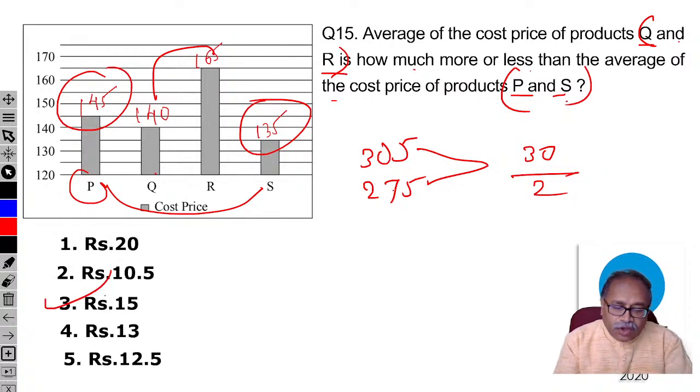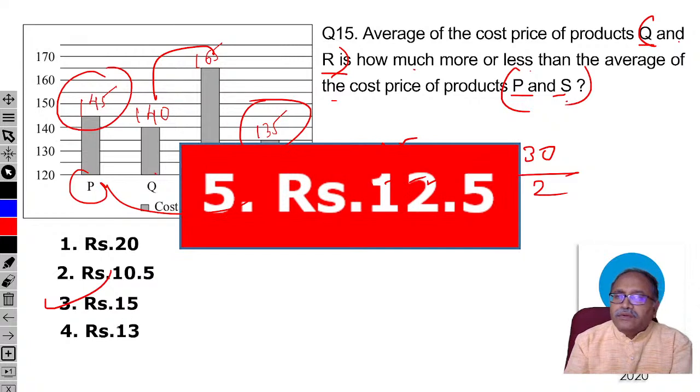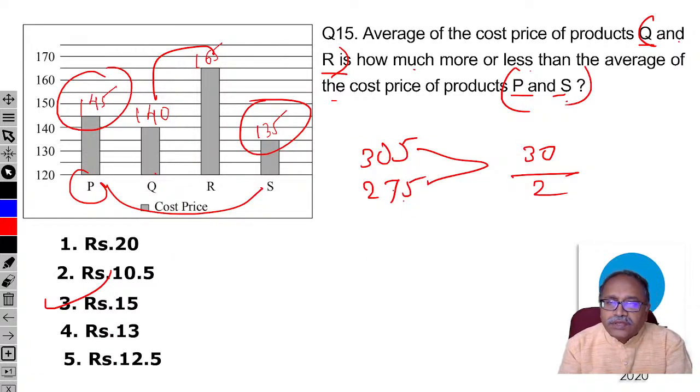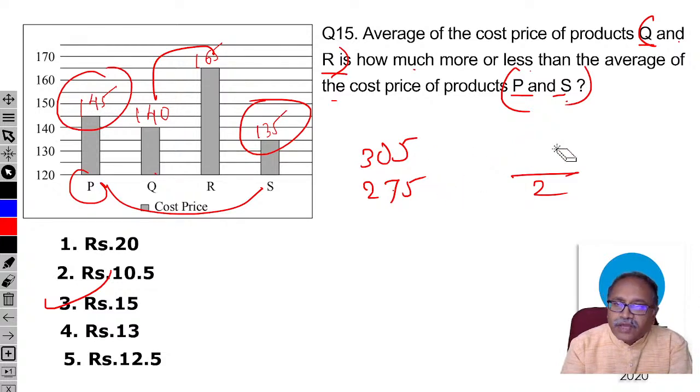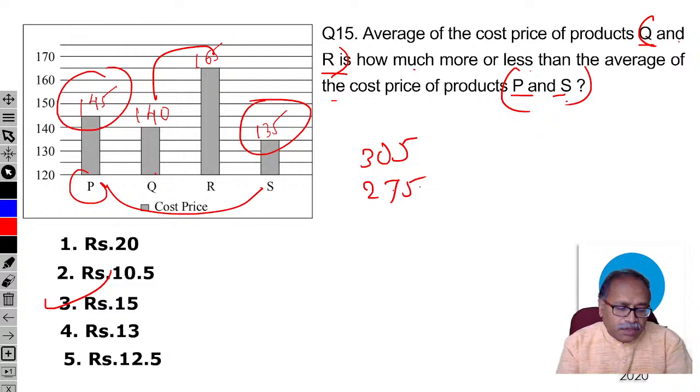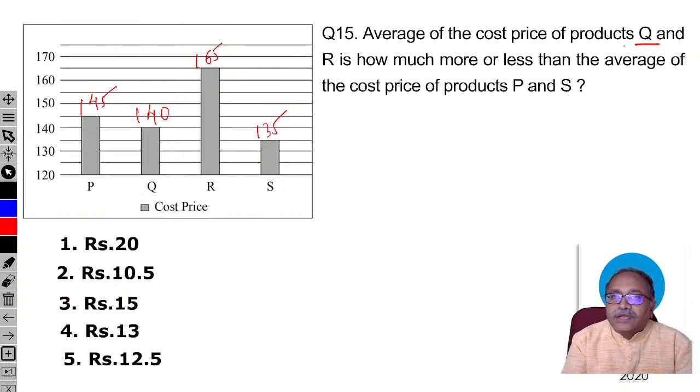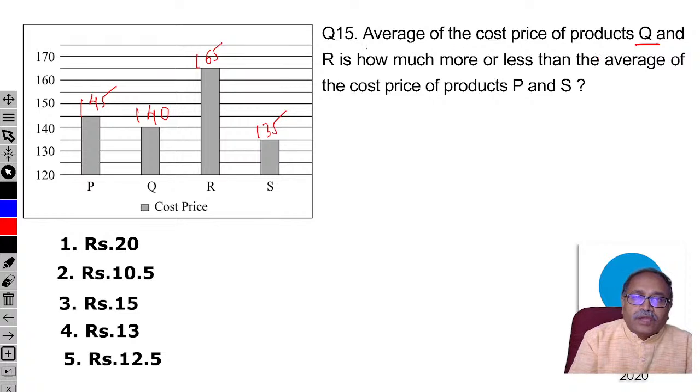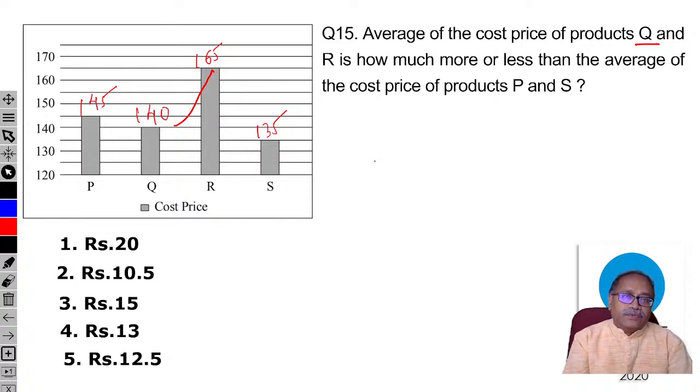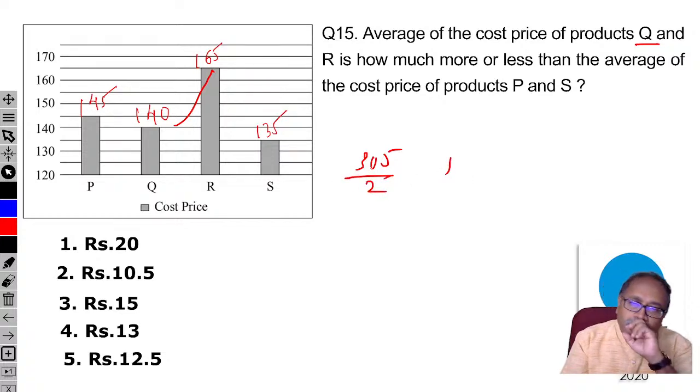So do we have 15? Option choice 3. Why? What is the difference? Why does 12.5 come for us? Shall we check the answer? That is the average of the product Q and R. When we add these two, we get 305. Okay, that's right. If we take the average of this, what does it become? 152.5. This is the average.